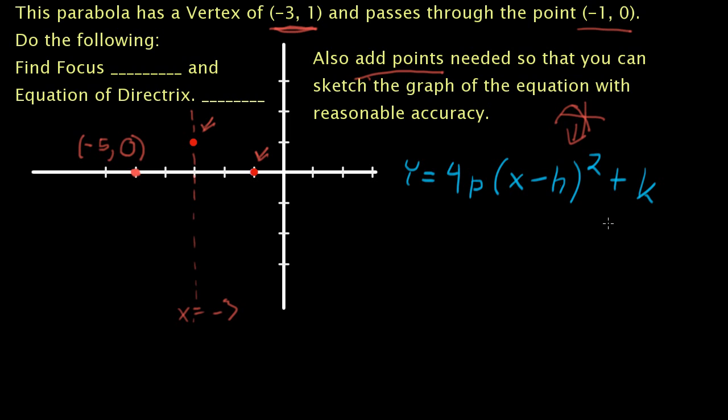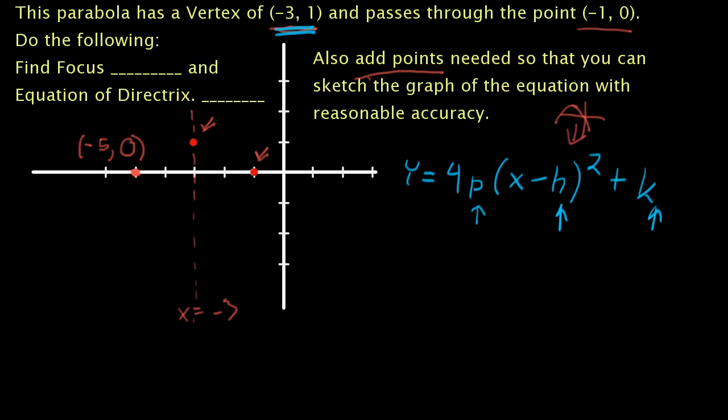Okay? Now, the vertex is (h, k). That's when you shift a parabola, you are shifting the vertex. So I have those 2 points. And then p is a very special point that I'll get to why it's special after I solve for it.